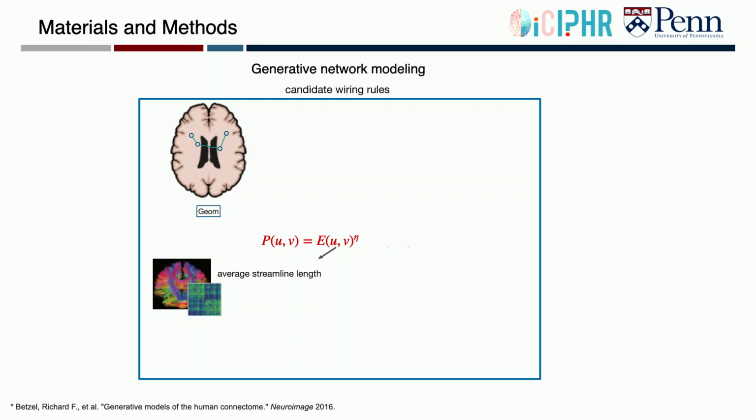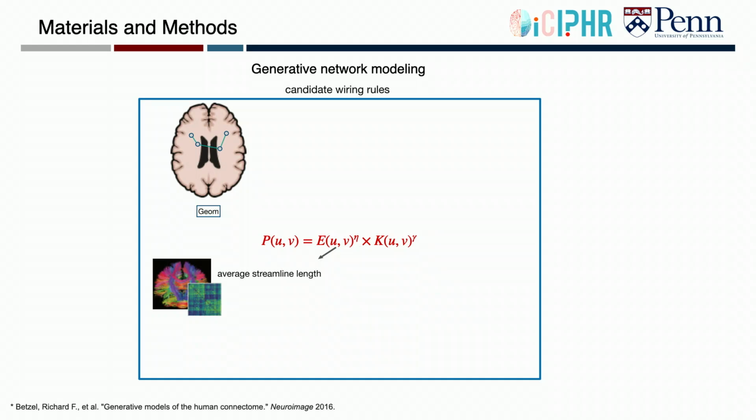However, cost minimization is not the only mechanism that happens in our brains, as our brain also requires certain topology to achieve functionality. So we can include a second topological term, K_uv, and define the probability of forming connections as a trade-off between minimizing wiring cost while reinforcing topological features.